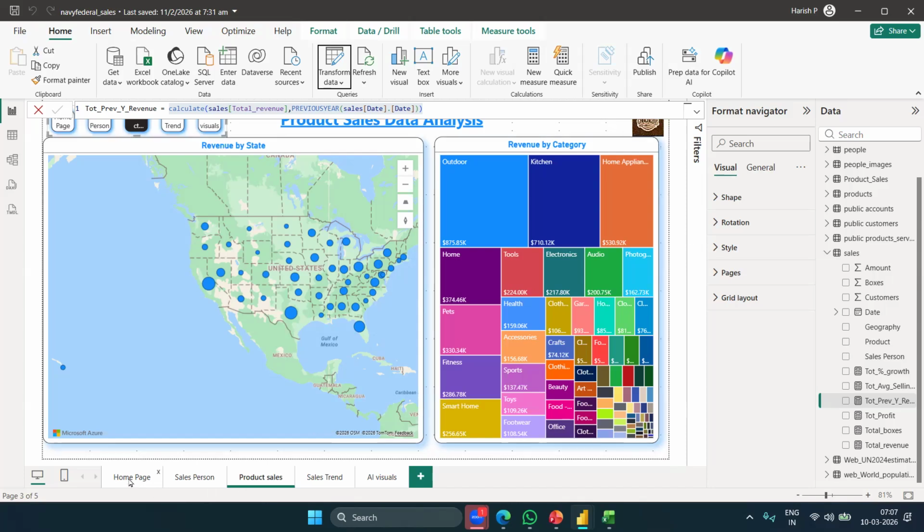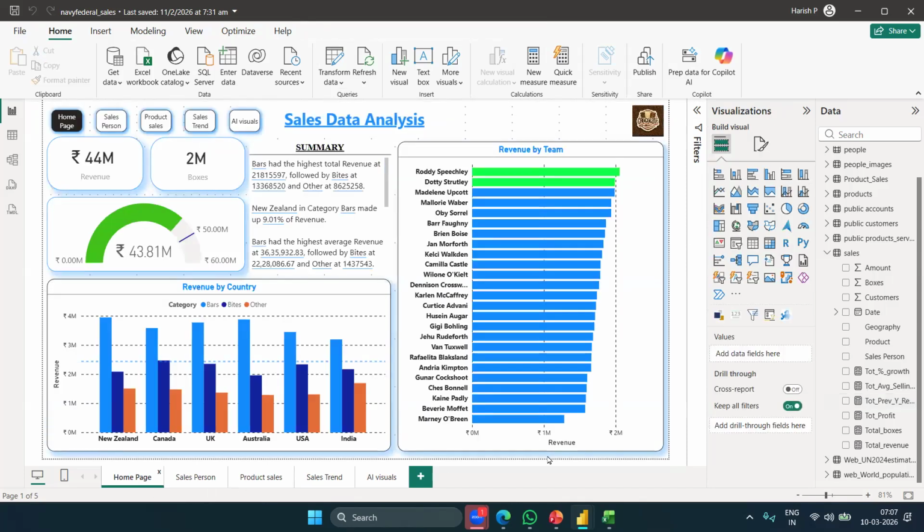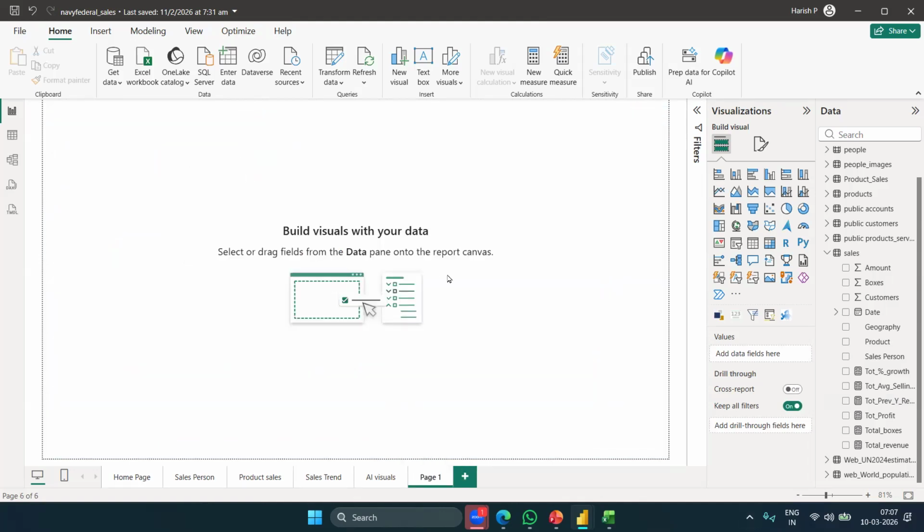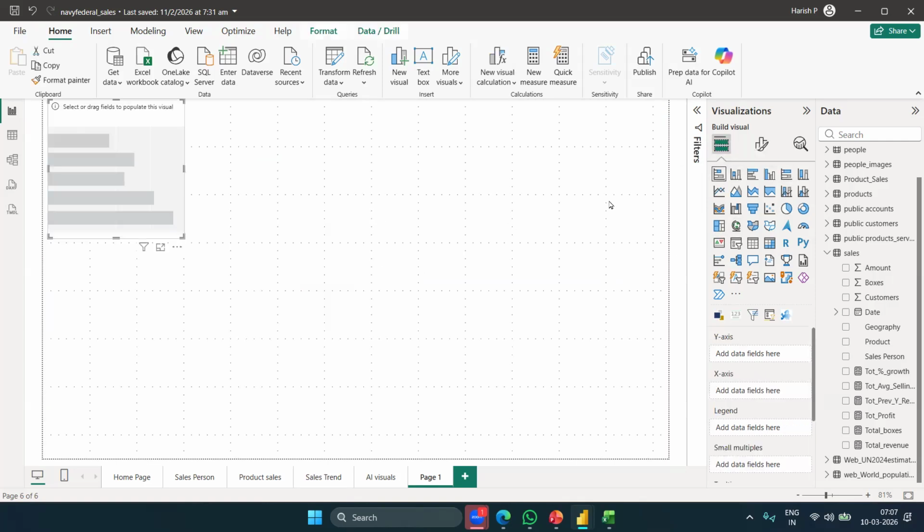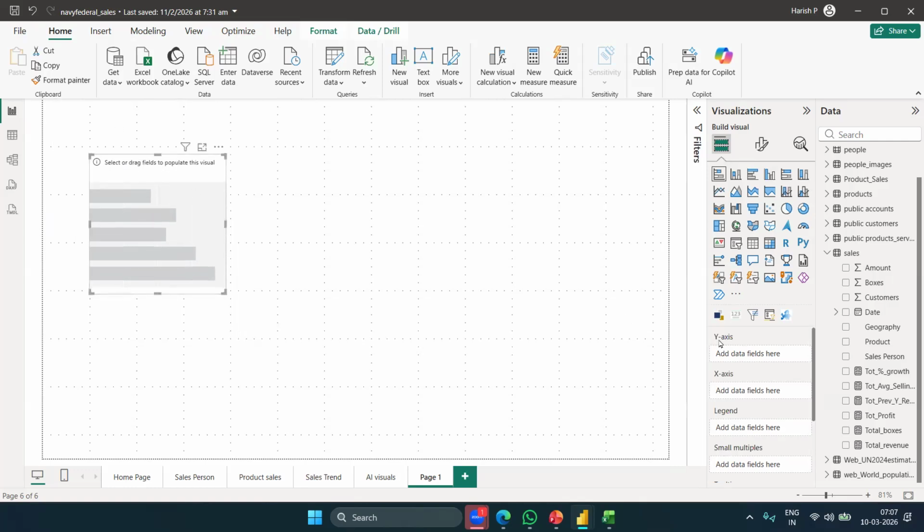Okay, I will just give a simple example here. Let me take a simple new page. Say I'm going to add a simple visual, and what I'm going to do is check how much total sales for this particular thing.